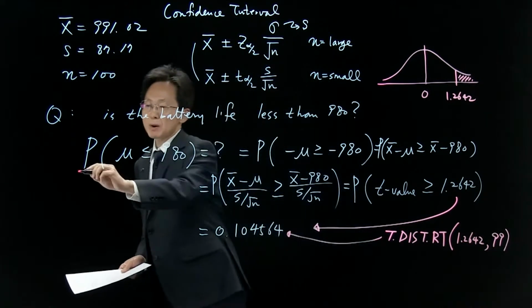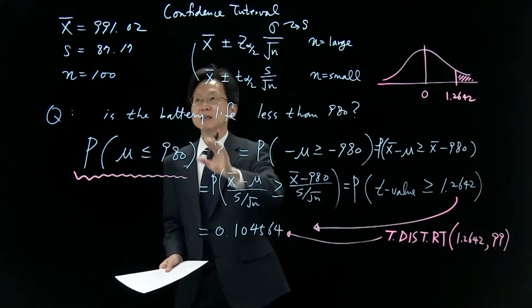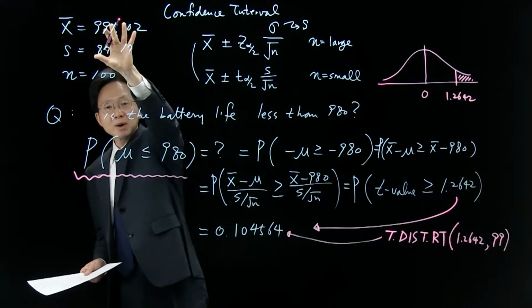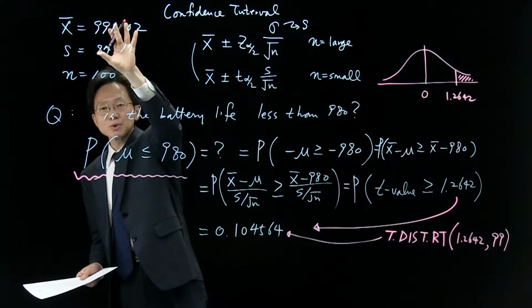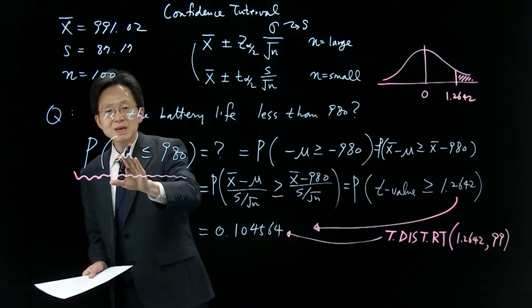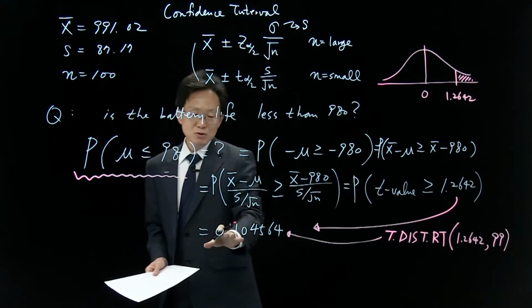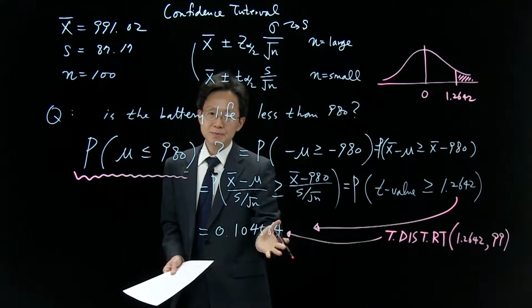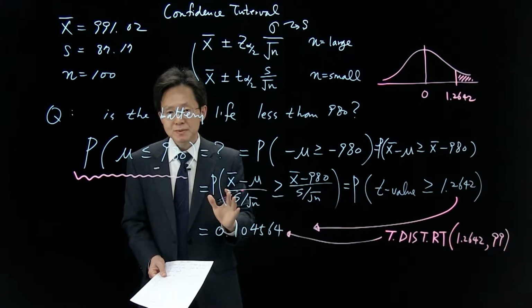So the probability the true mean is less than or equal to 980, given this information we get from the sample, is going to be about 10%. Do you think it's big or small?